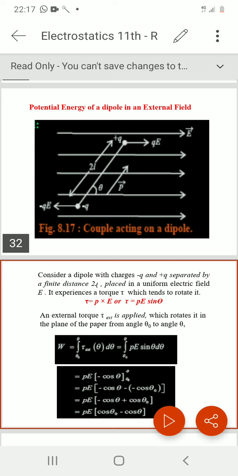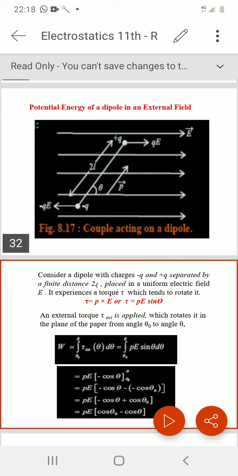Now an external torque, tau external, is applied, which rotates the dipole in the plane of paper from theta 0 to angle theta. We are applying external torque on the dipole so that the dipole is rotated from the angle theta 0 to theta.